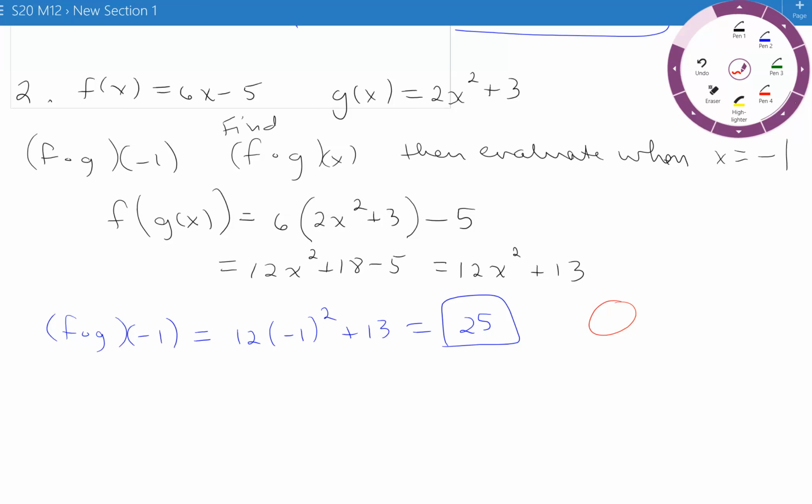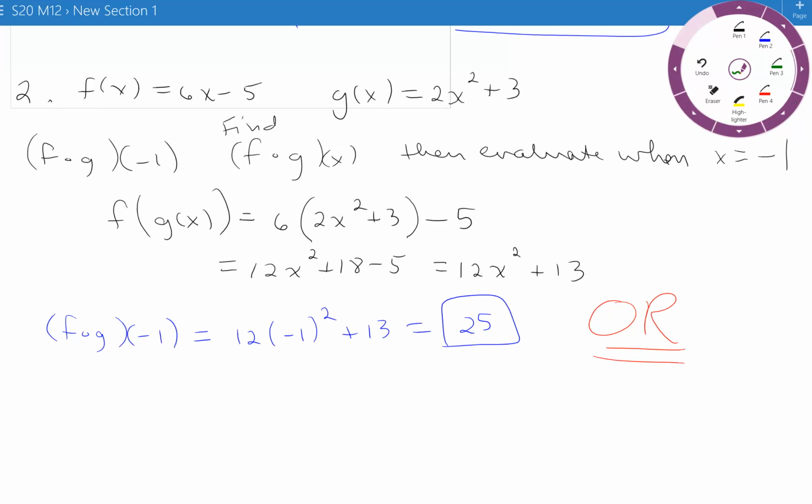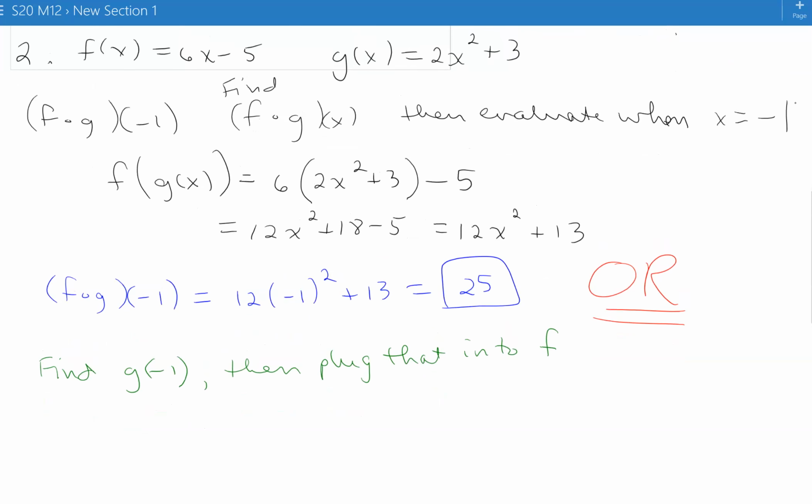Alternatively, there's another way to do it. You could find g of -1, then plug that into f, because that would work in the same way, right? It's just a different order of doing things.